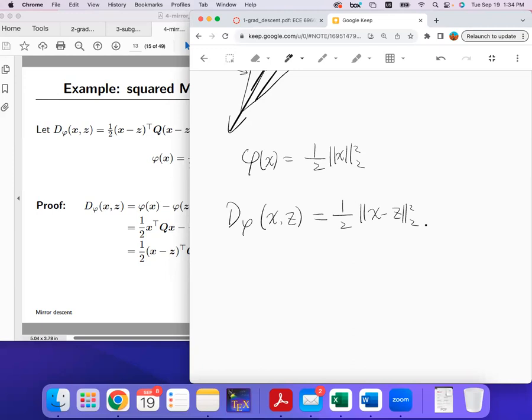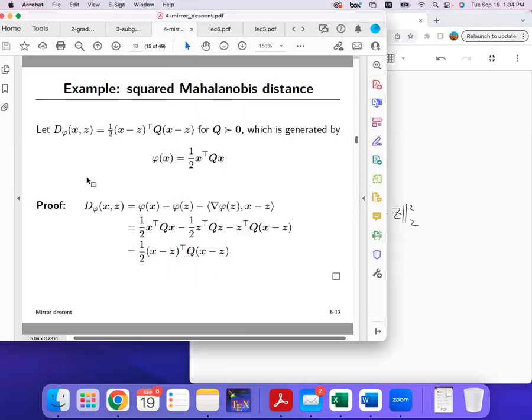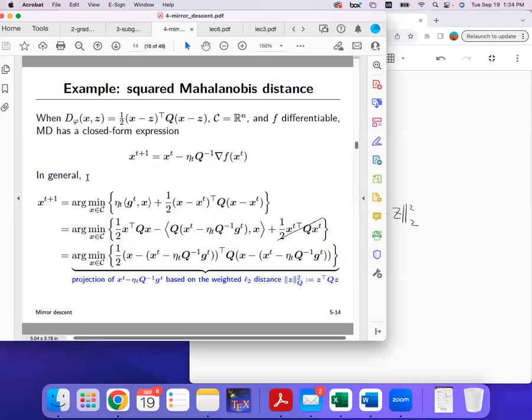So this is a special case of this Bregman divergence family. And this is what we just showed.